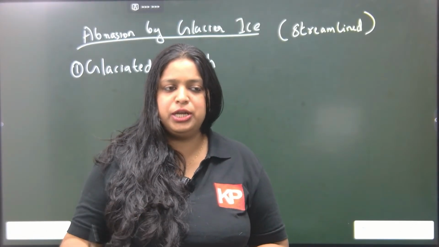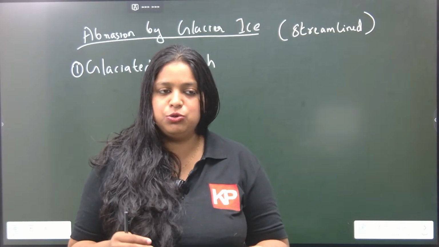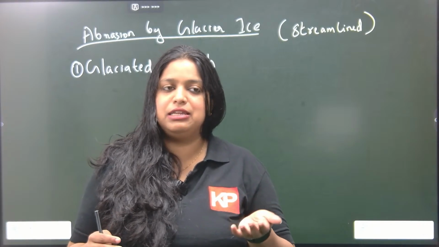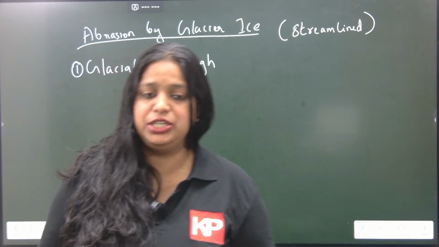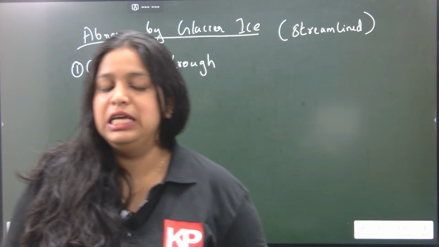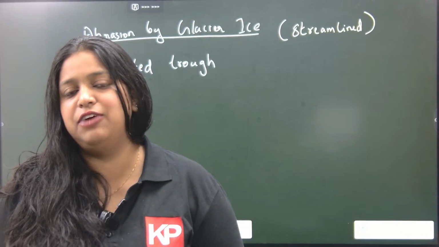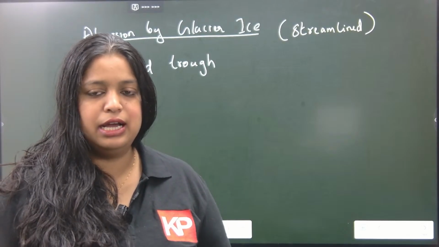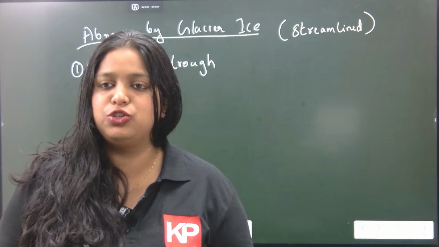It is a U-shaped valley, and it should be above the mean sea level. That's the definition of a glaciated trough or glaciated valley. Its floor is above the sea level, it has a U shape, and it is carved by the intense abrasion of glacier through the valley.